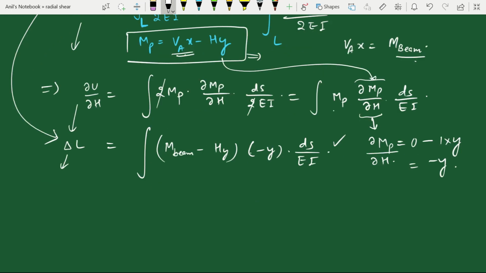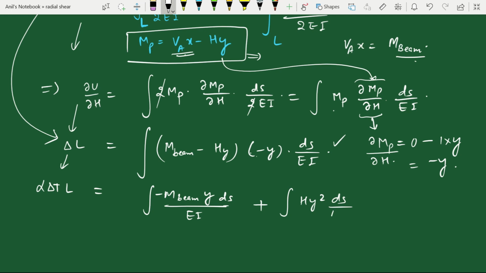But here delta L is alpha delta T L. So we can get it as minus MB into Y upon EI into ds plus integration H into Y square ds upon EI.